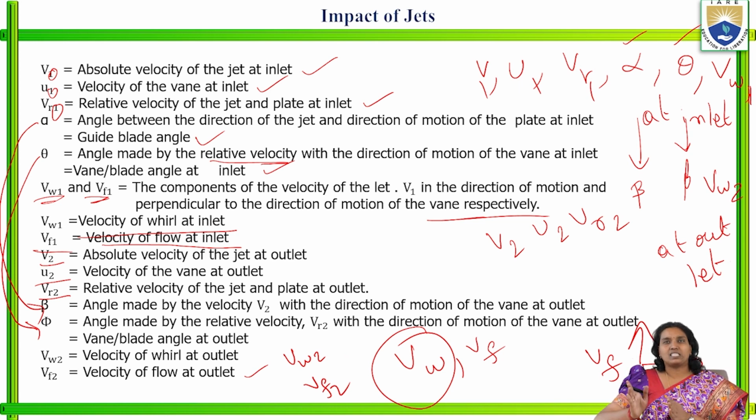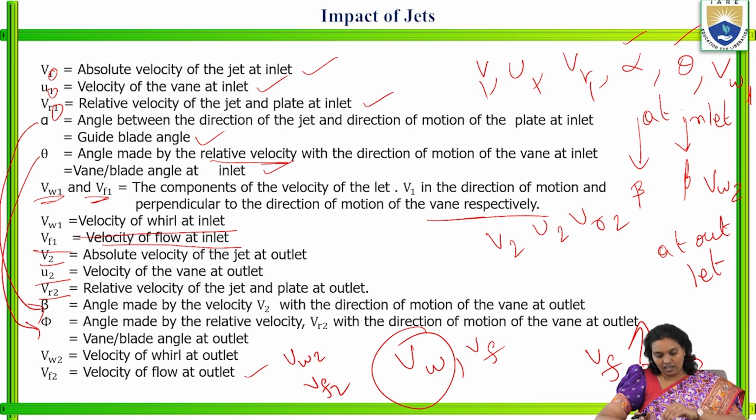Based on that, we are understanding the conditions of the unsymmetrical case: the jet of water strikes a moving curved plate in unsymmetrical condition, and the jet strikes tangentially at one end and leaves from the other end.